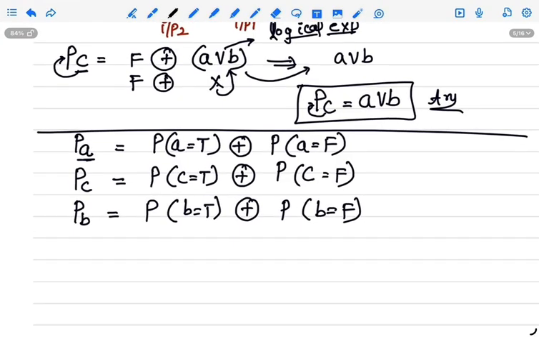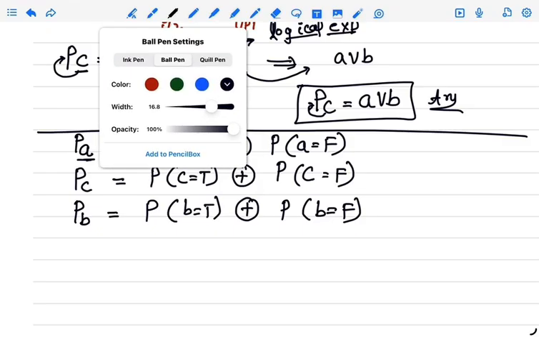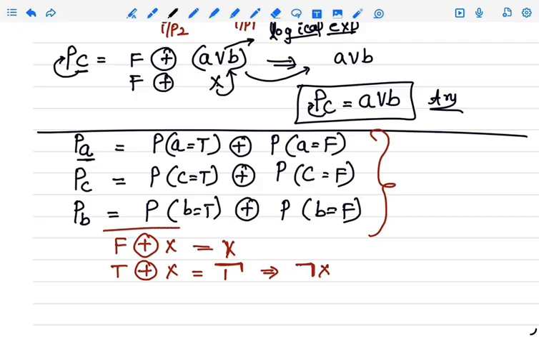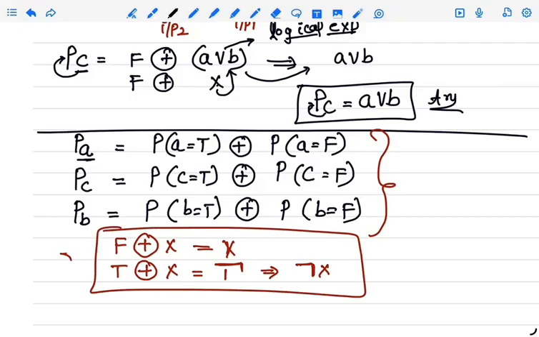Mostly you expect these three types. Remember these three formulas, and also false XOR X is X, and true XOR X is the negation of X. If you know these, you can solve this type of question easily.